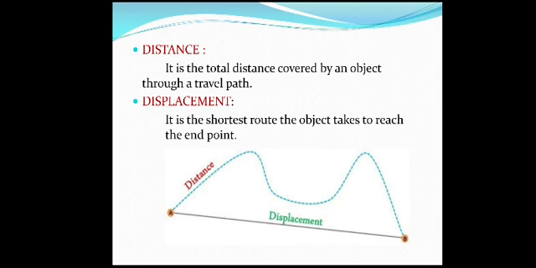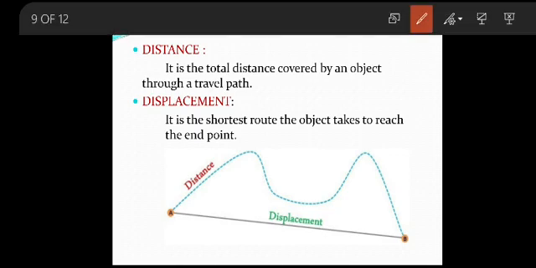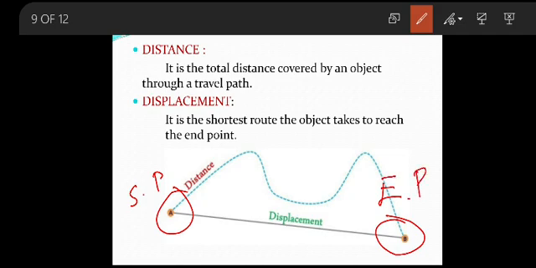Next, if you see this picture, there are 2 points, A and B. This is my starting point, A. This is my ending point, B. If I want to travel between these 2 points, I have two different routes, the blue color one and the gray color path.